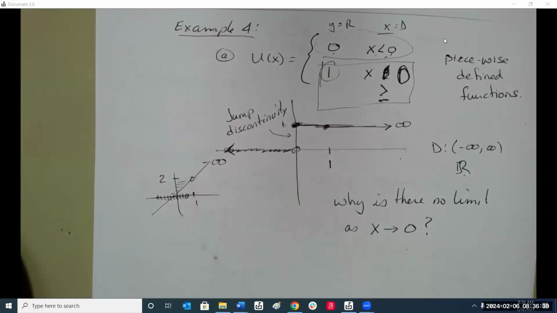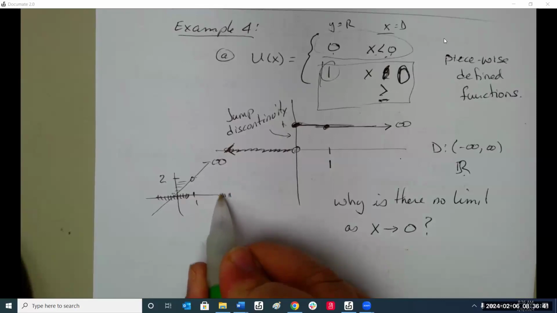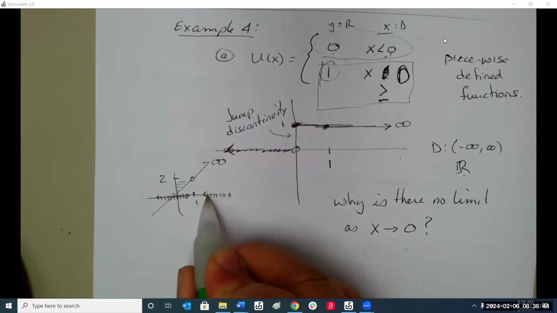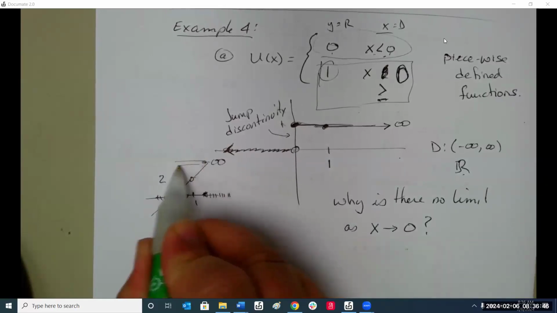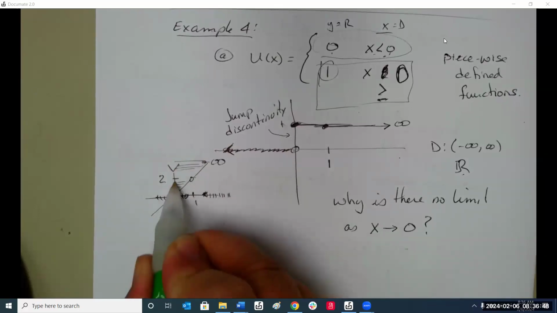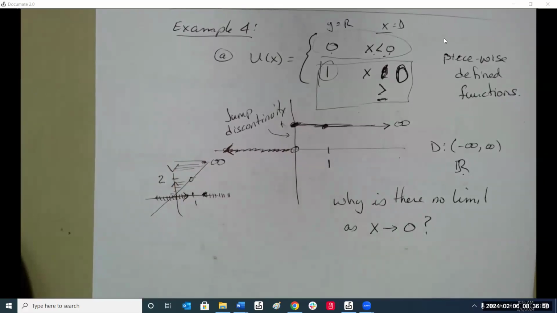Same thing on this side. As we're going down this way, the y values are going close to 2. So that's the first observation. For a limit to exist, it has to approach the same value from both directions.